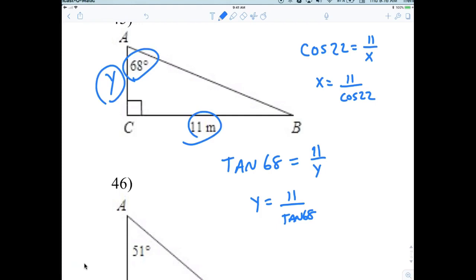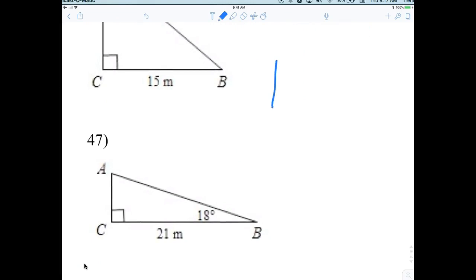You're using inverse when you're looking for an angle. If the angle is missing, you're using inverse sine, inverse cosine, inverse tangent. In other words, if I gave you this triangle, and I said this was 8, and this was 3, what's that angle?